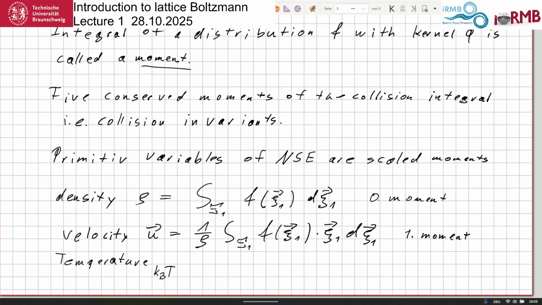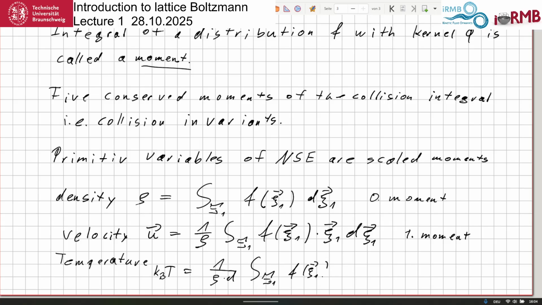The Boltzmann constant is the relation between the kinetic energy in one degree of freedom and the temperature. So the temperature is energy per degree of freedom. So I call this kBT, and then we have 1 divided by rho times d, which is the number of dimensions, so it's 3. We live in 3 dimensions, and we integrate over c1 f dc1.